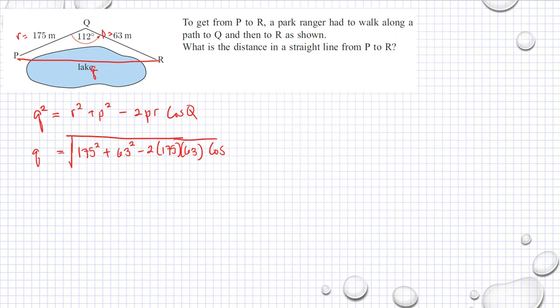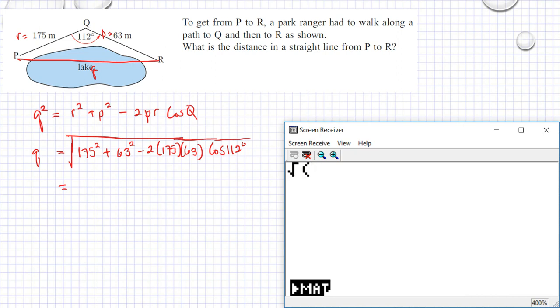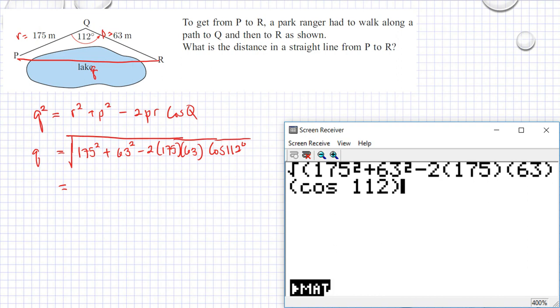cosine 112 degrees. Okay, giving you my screen with my calculator. There you go. Then we have a square root of 175 squared plus 63 squared minus 2 times 175 times 63 times cosine 112.